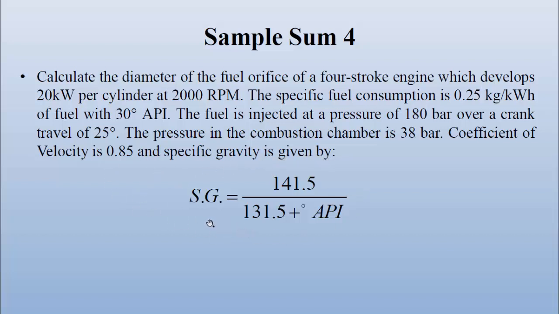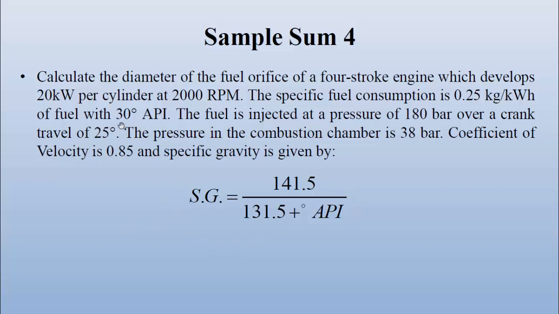The specific gravity is directly proportional to the density of the fuel. The more the specific gravity, the more is the density of the fuel. As the temperature of the fuel increases, the density of the fuel goes on decreasing, as with any liquid. That is what they are giving through this formula.